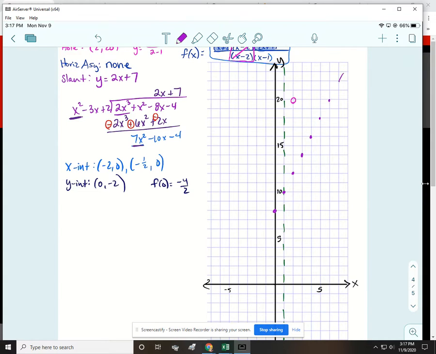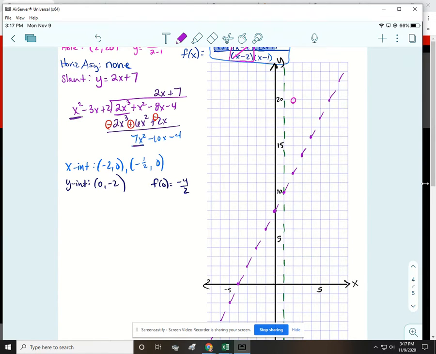Those dots are going to make my slant asymptote. So I can also go down to the left 1. There it is.